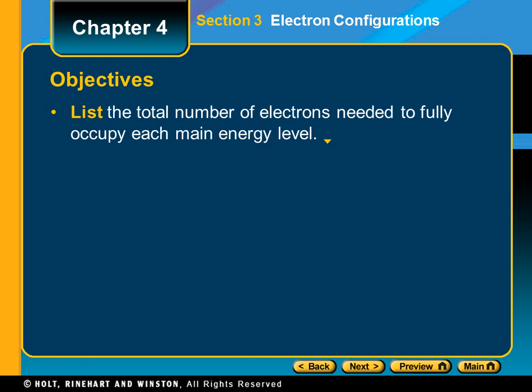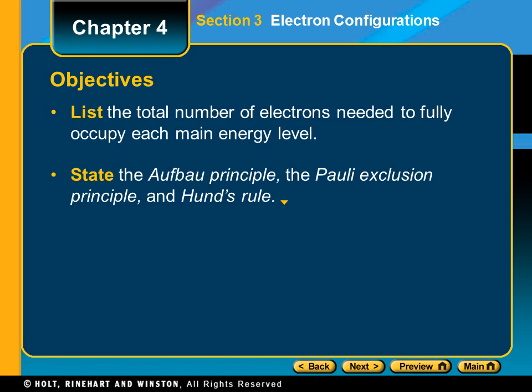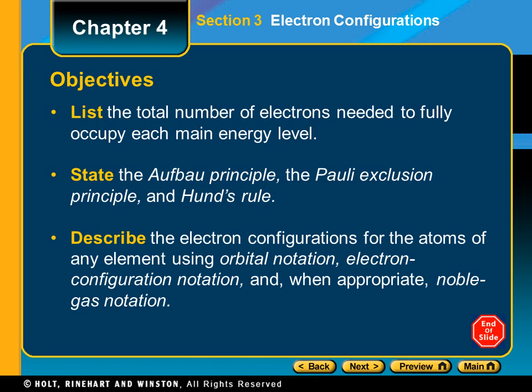That means you're going to need to know the number of orbitals, sublevels, and orbitals in those energy levels. State the Aufbau principle, the Pauli exclusion principle, and Hund's rule.